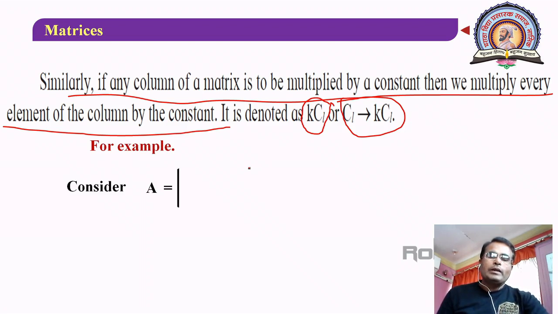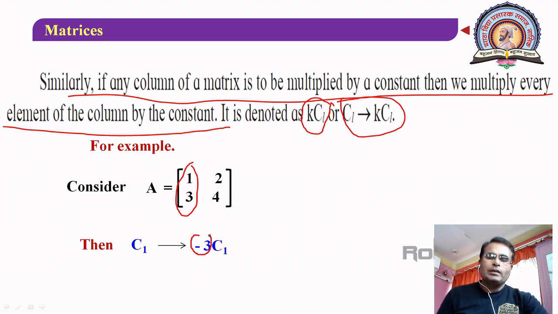A is equal to the matrix consisting of elements 1, 2 as the first row, 3, 4 as the second row, and I am going to use the transformation C1 goes to minus 3 C1. This is your first column 1, 3, and that is multiplied by minus 3.